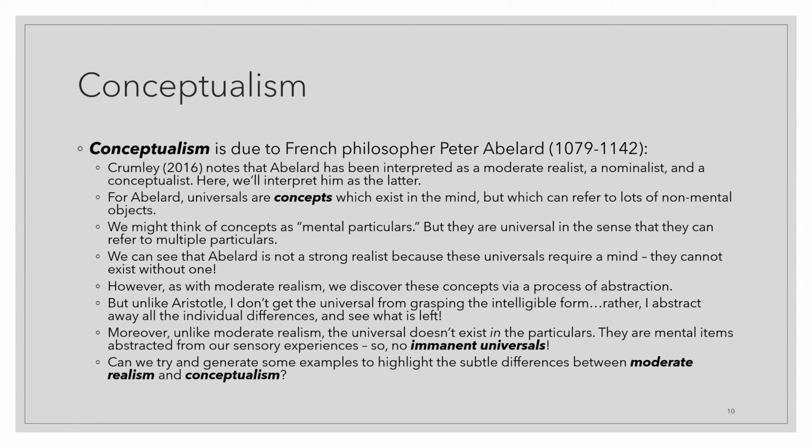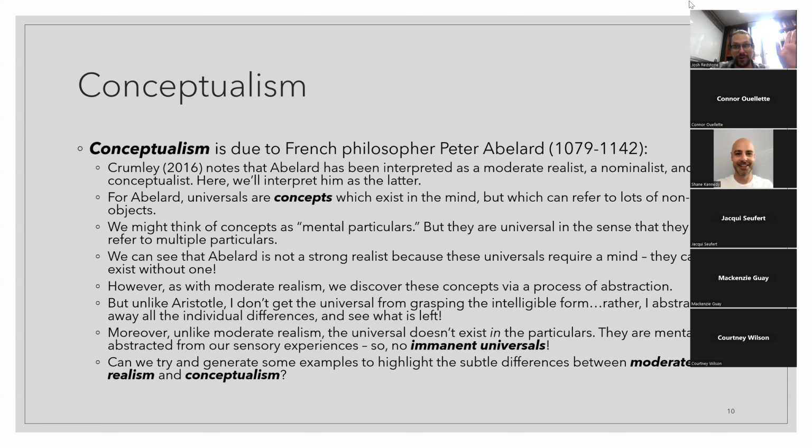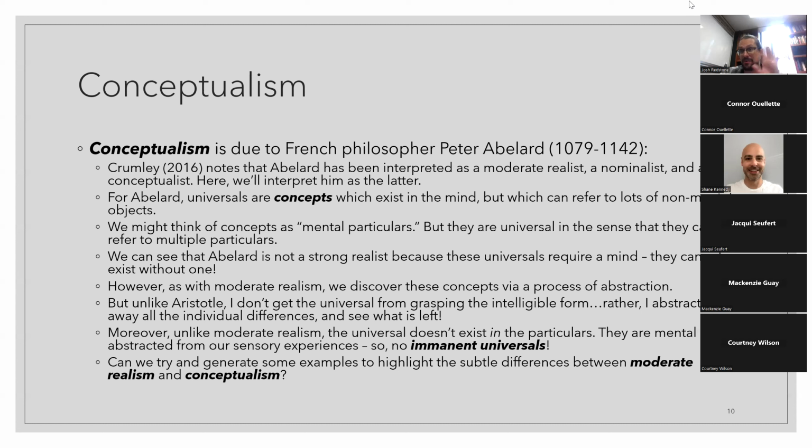This is why we're not treating him as a realist, not even a moderate realist, because remember, realism means that whatever we're realists about exists mind-independently, right? So Plato is a strong realist because universals exist and they're separate from their particulars. They exist over and above those particulars.